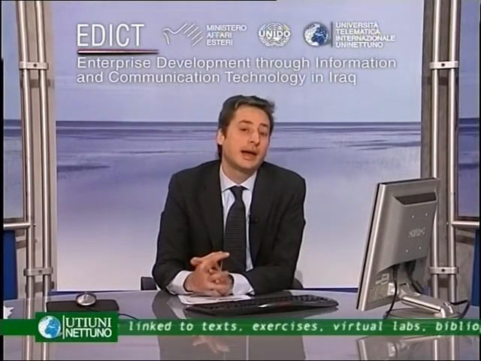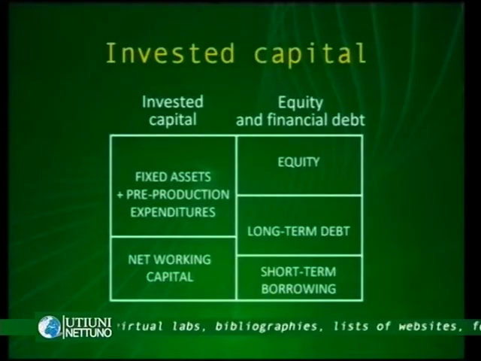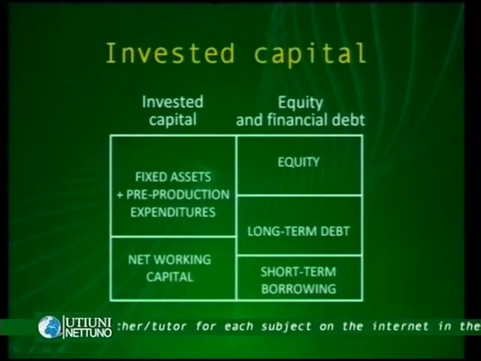So we can look at the balance sheet in a slightly different way. In particular, we can highlight what is defined as invested capital. So here the difference is that instead of reporting the current assets and current liabilities, we are subtracting the current liabilities from the current assets.